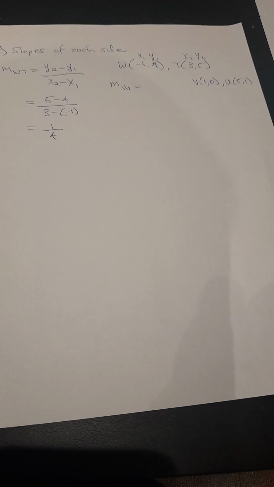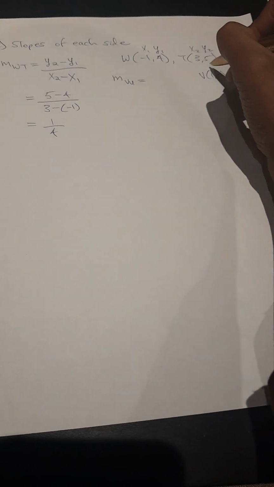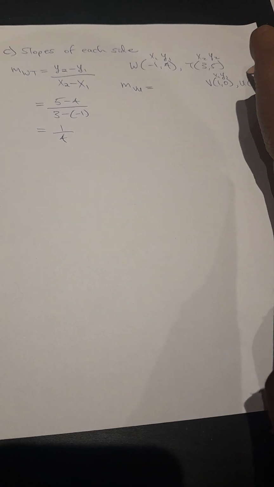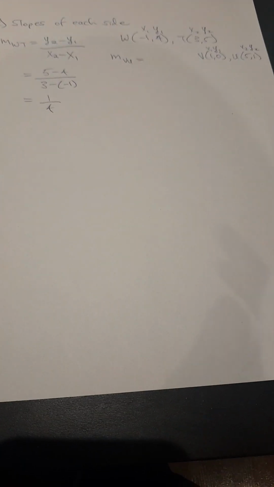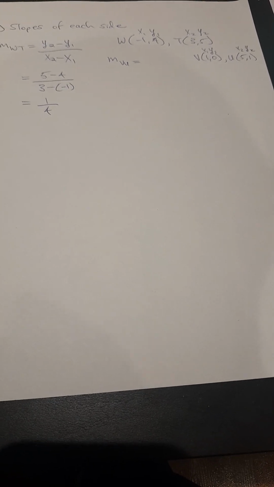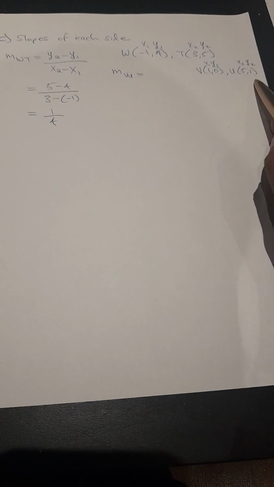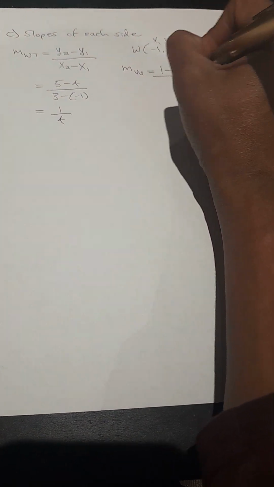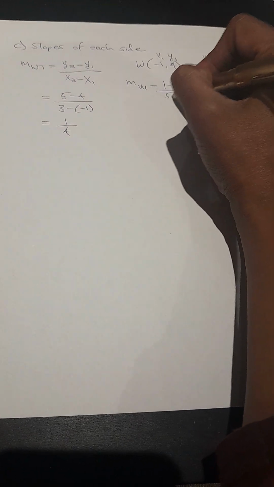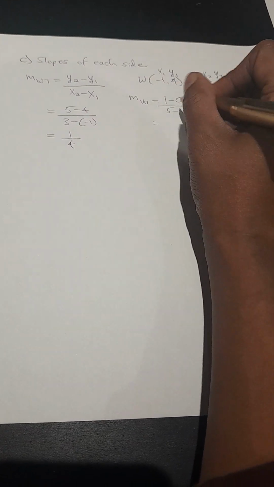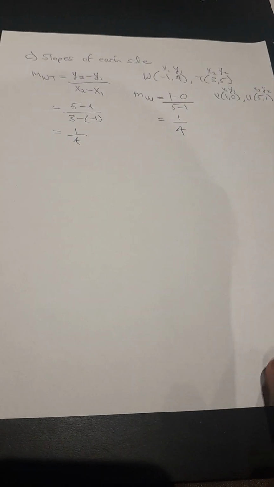Of course, we'll have to be using the same points again to do the opposite side. So I'm going to again label it x1, y1. This is x2, y2. You'll reach a point where you can keep on using the formula for the slope, and I won't have to keep labeling each of the points. But in this case, I'm doing 1 minus 0 over 5 minus 1. So at the top, 1 minus 0 is 1. 5 minus 1 is equal to 4.